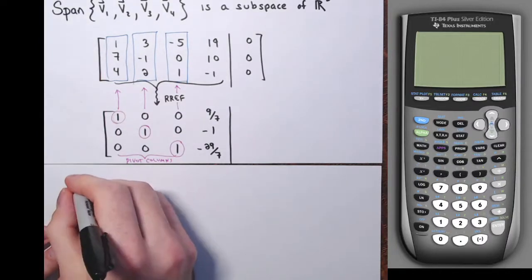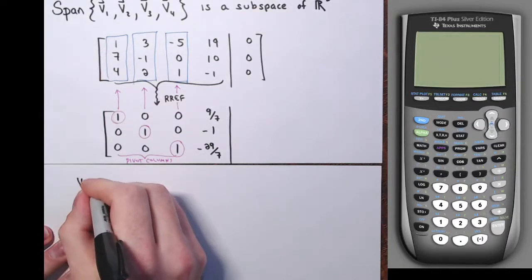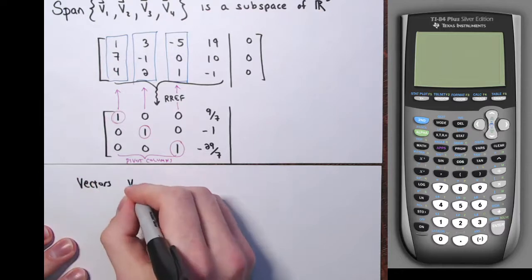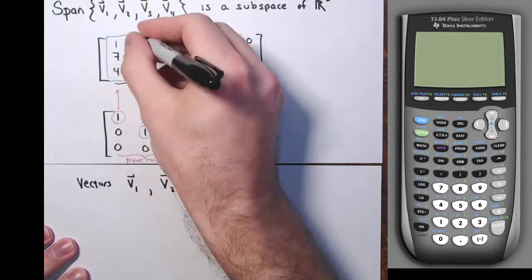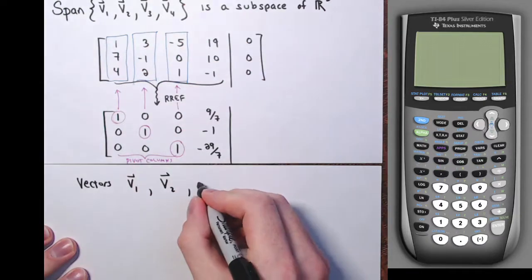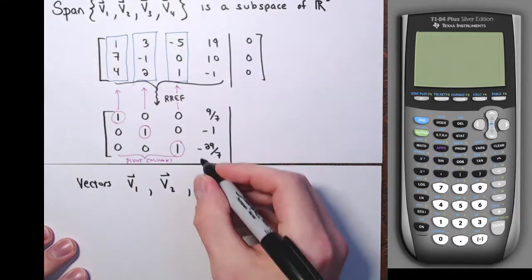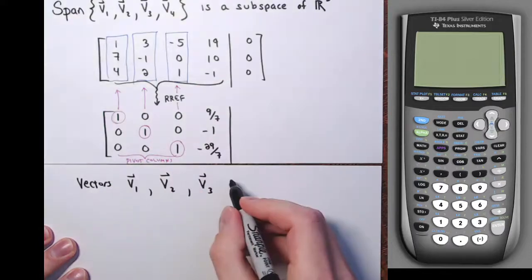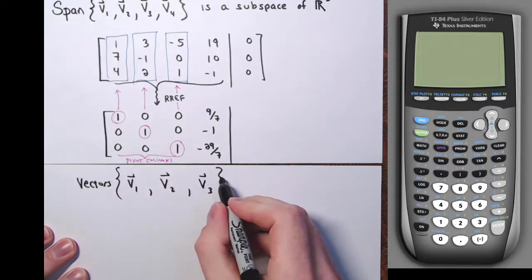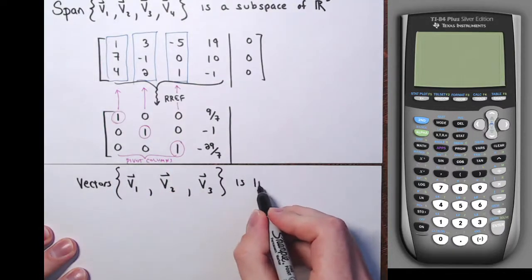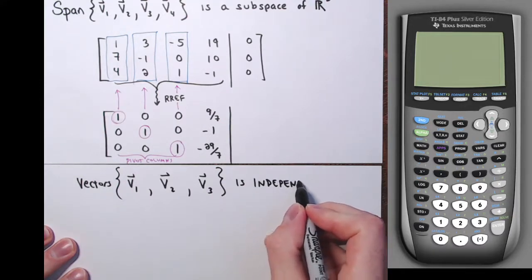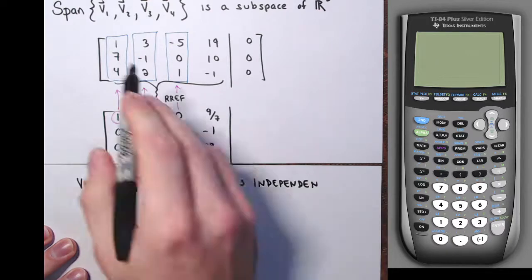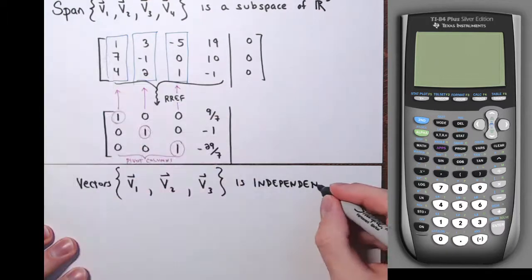So vectors v1, the 1, 7, 4, v2, the 3, negative 1, 2, and v3, negative 5, 0, 1. This set of vectors is independent and spans the same set that the first 4 vectors do.